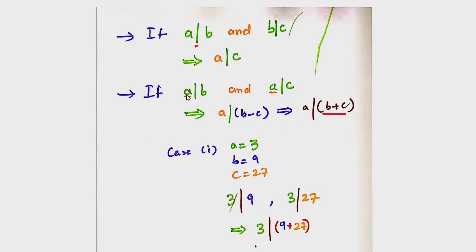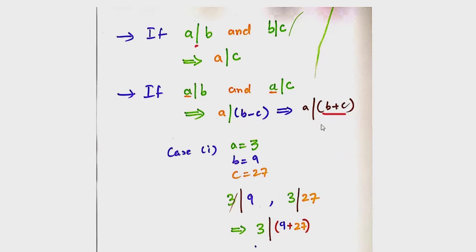So we are saying that a is a factor of b and a is a factor of c, and we are also saying that a is the factor of the number which is the subtraction, okay, we can say that a is the factor of b minus c, and you can say that a is also the factor of b plus c.